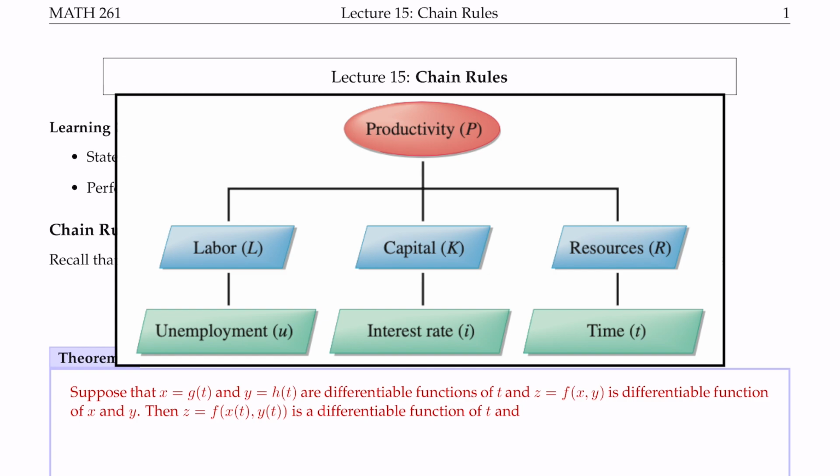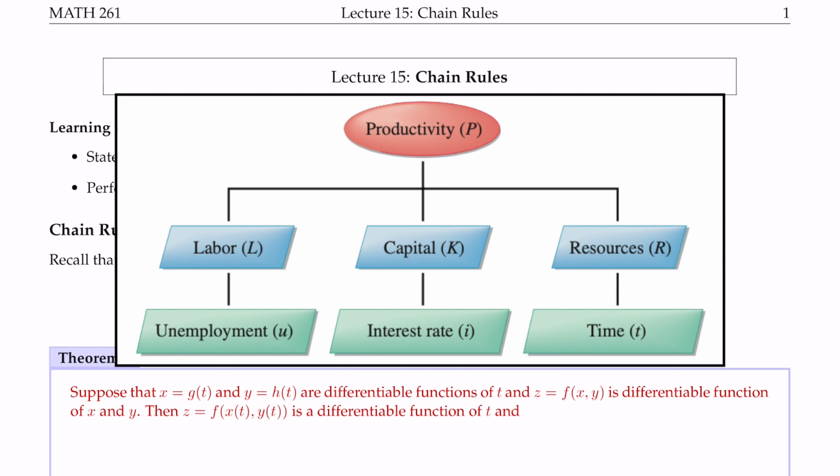However, the variables L, K, and R may be intermediate variables that depend on other variables. For example, L may be a function of the unemployment rate, let's say u, K is a function of the prime interest rate, little i, and R is a function of time, little t, which is the seasonal availability of resources.